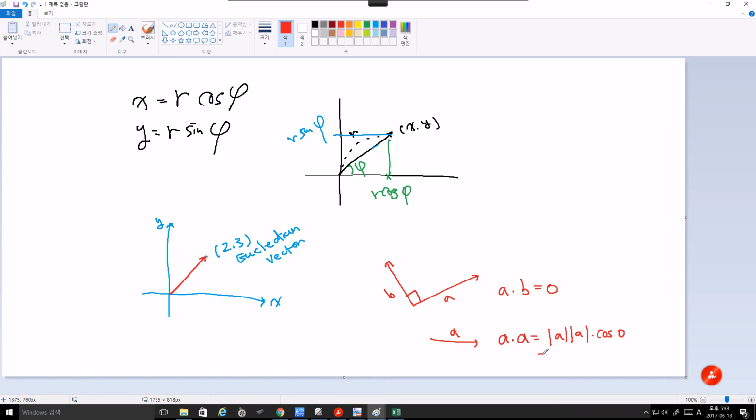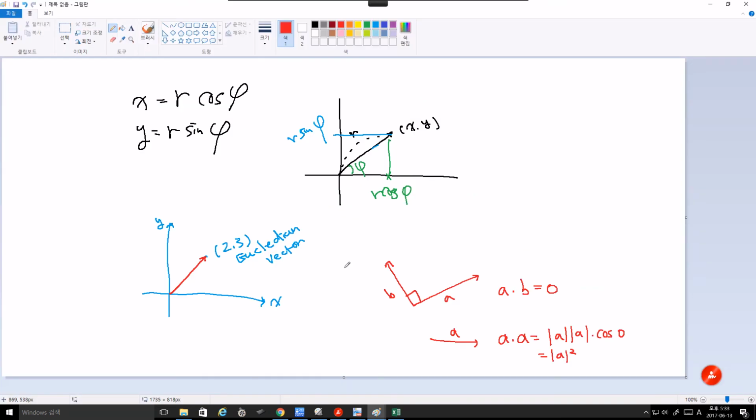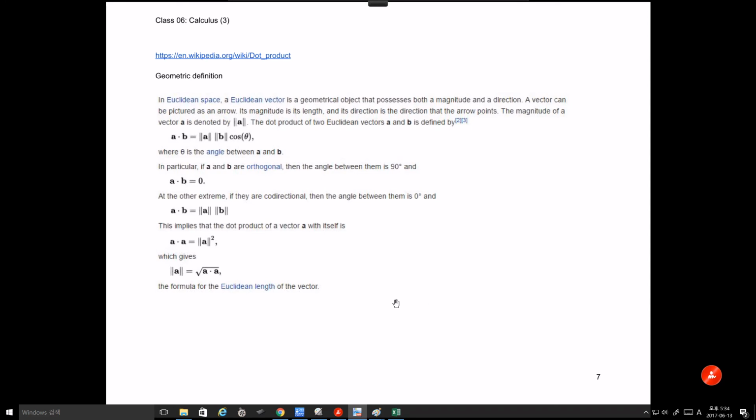Cosine 0 is 1, so it is A squared, which gives the length of A as the square root of A dot A. Very interesting result, right? The formula for Euclidean length. So it's a formula for the Euclidean length of the vector.